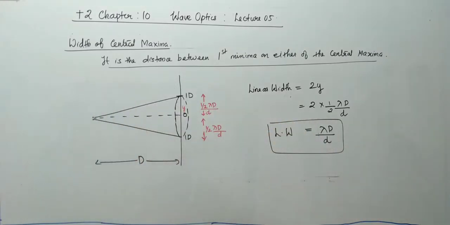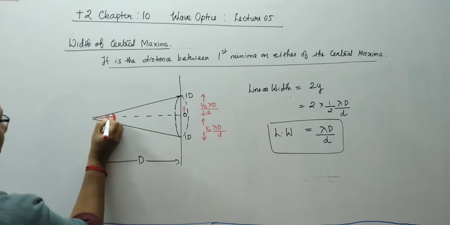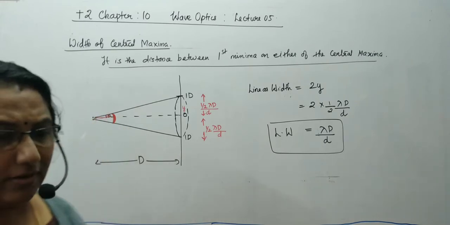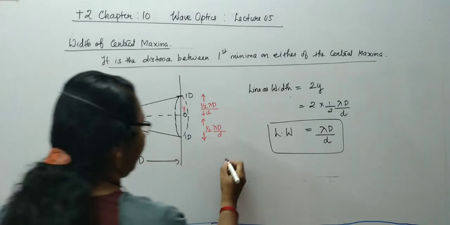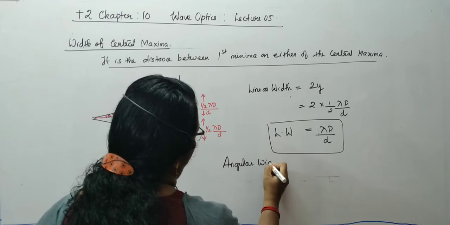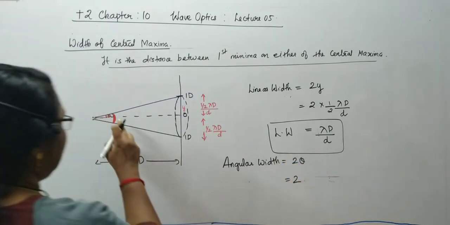If so, what will be the angular width? What is angular width? This angle. If this is theta, the total angular width will be 2 theta. Angular width is equal to 2 theta, 2 times this angle.